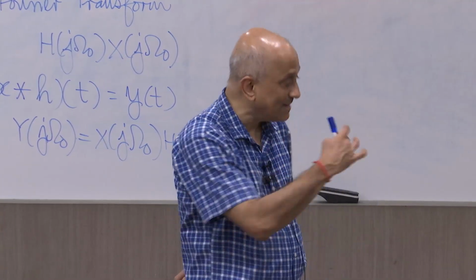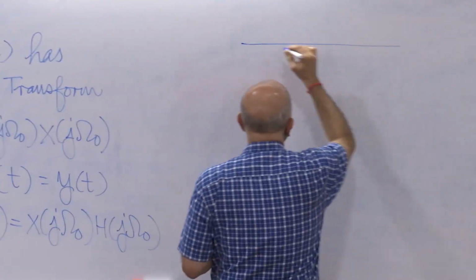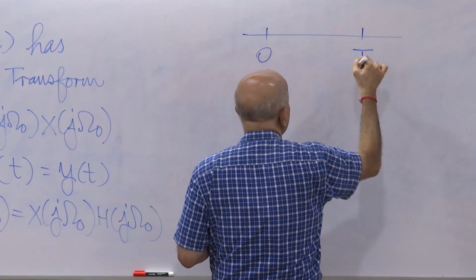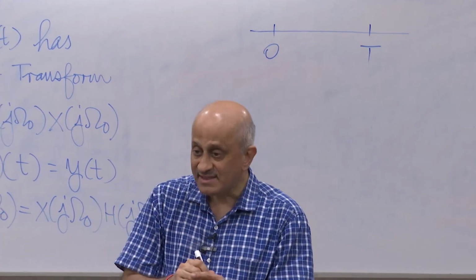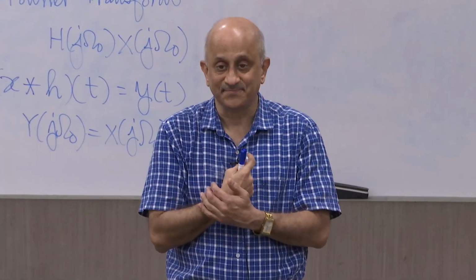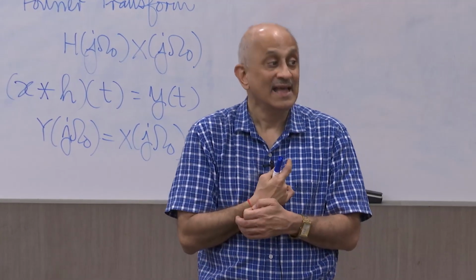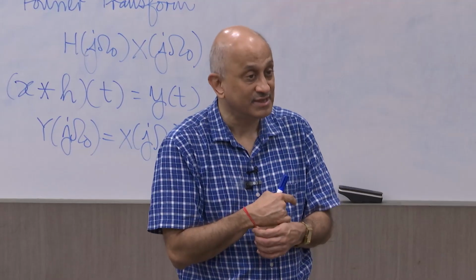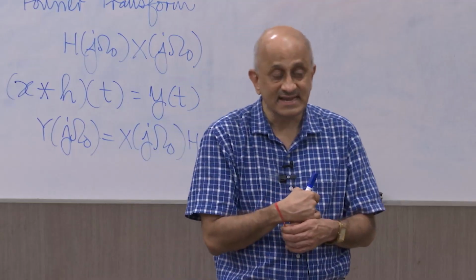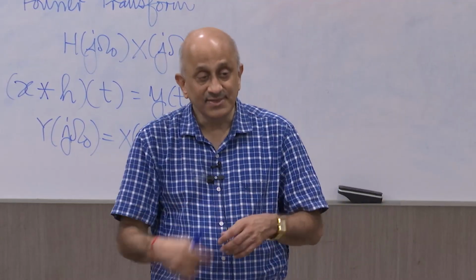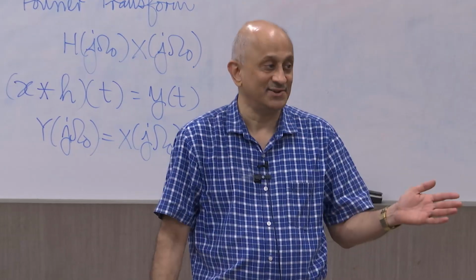Anyway, let me tell you what I am saying without loss of generality here. I am saying without loss of generality, let us consider a signal to lie between 0 and T. Now, why am I saying without loss of generality? Abstraction. When I say without loss of generality, I really mean that even though I am taking a particular case, it does not affect the general analysis.